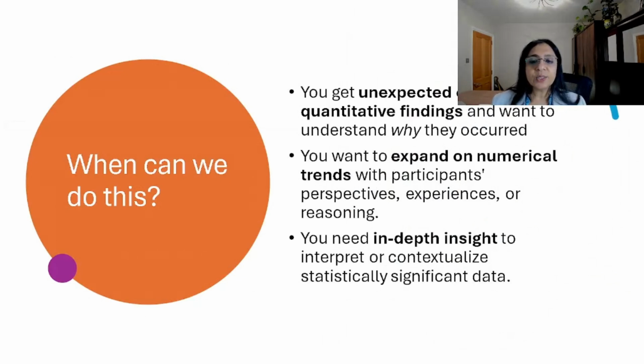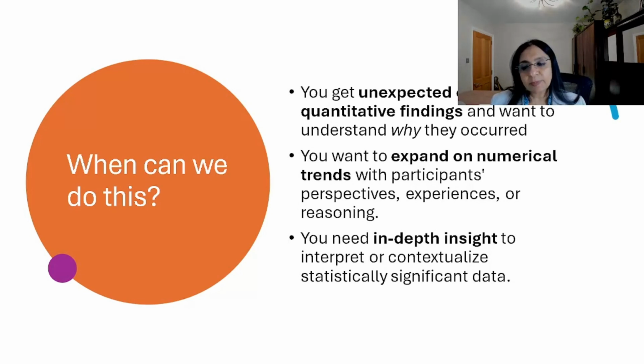So when can we do this? When you get unexpected or unclear quantitative findings and want to understand why they occurred. So sometimes it happens when we have quantitative findings, we don't know, some unexpected findings or unclear findings we will get.